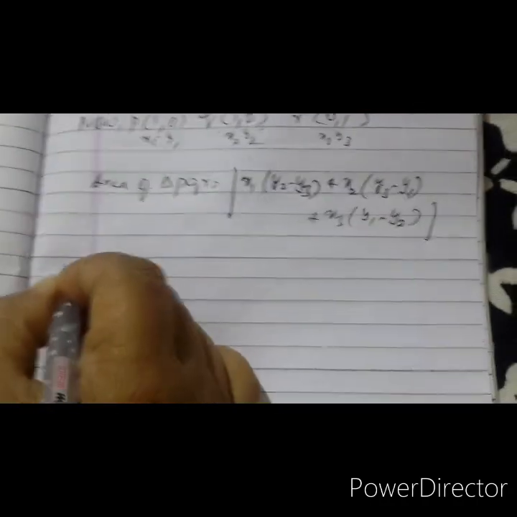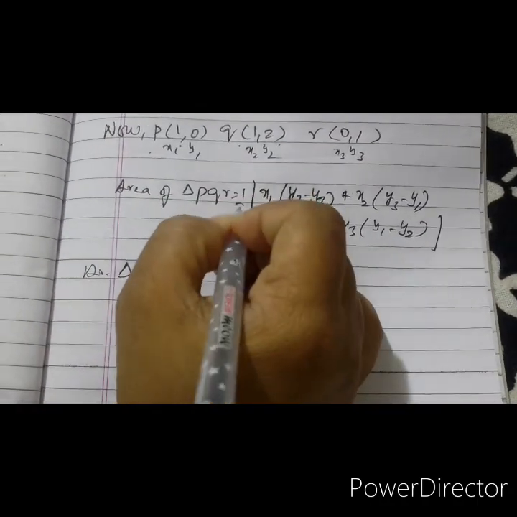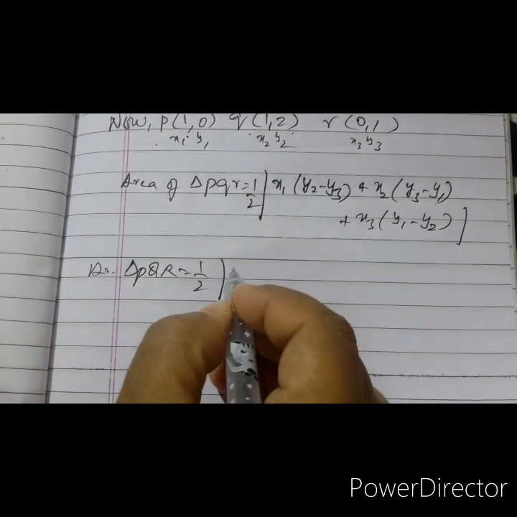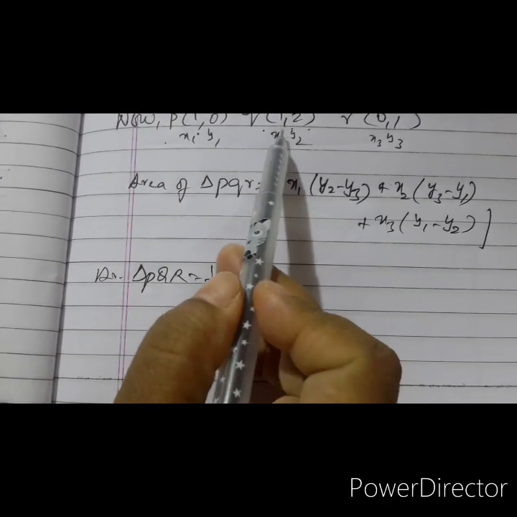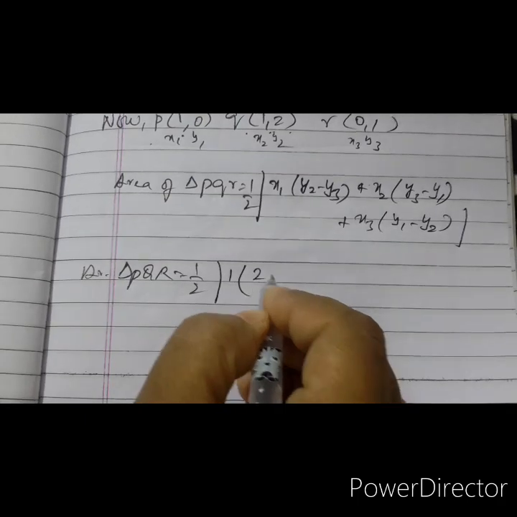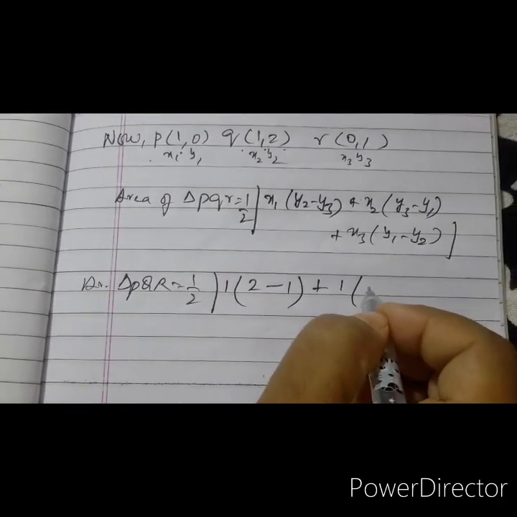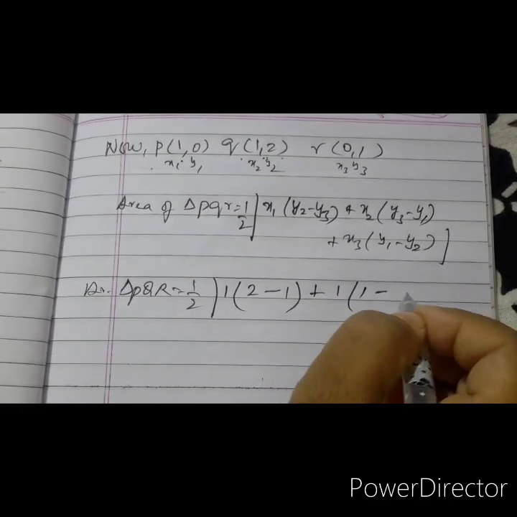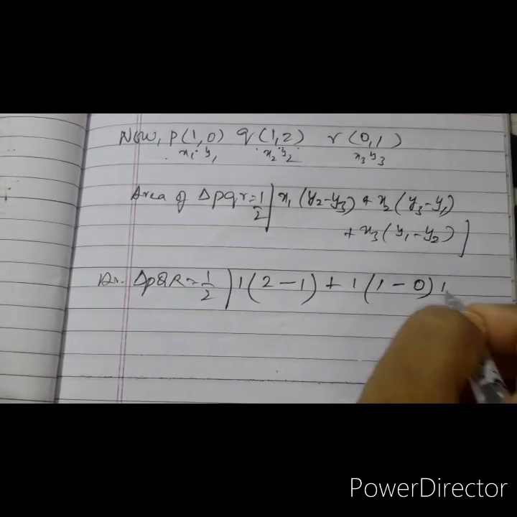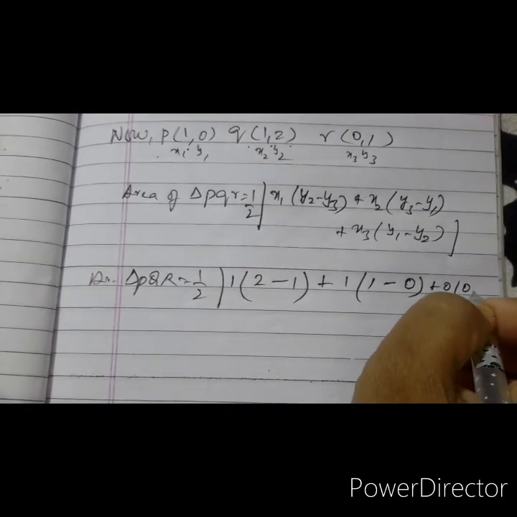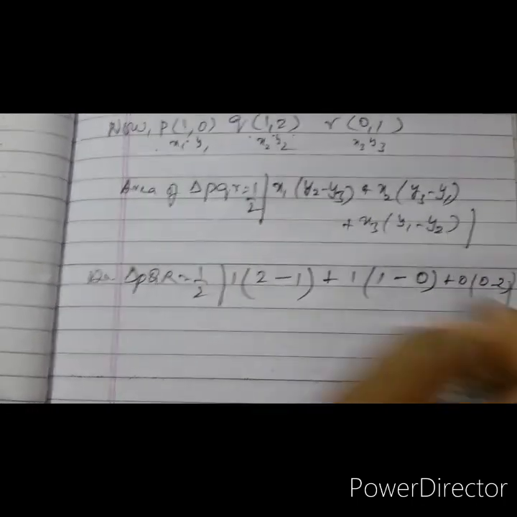Half, 1 into y2 which is 2, minus y3 which is 1, plus x2 which is 1 into y3 which is 1 minus y1 which is 0, plus x3 which is 0 into y1 0 minus 2.